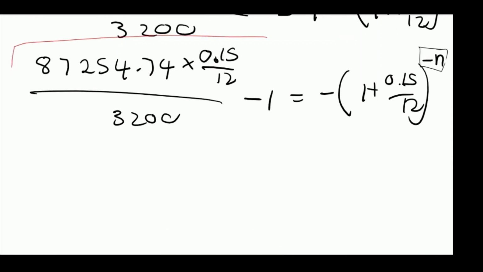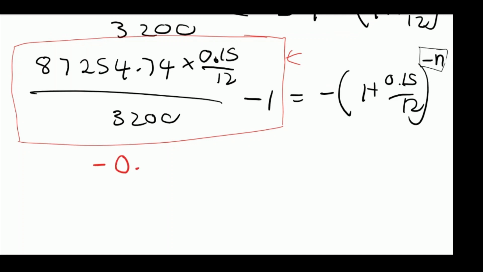So I hope you see that I always punch towards the end because I don't want to get premature answers. So let's first punch this huge number into our calculator. You should get negative 0.65916.